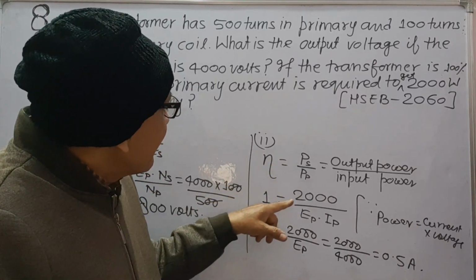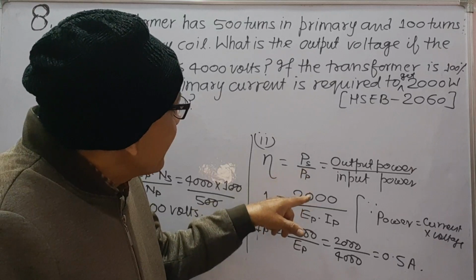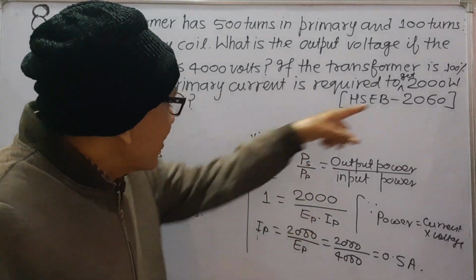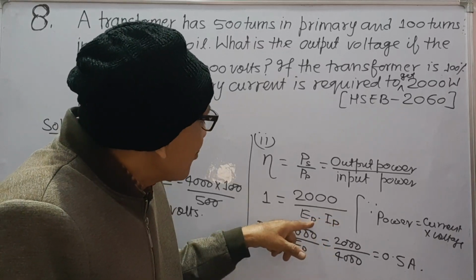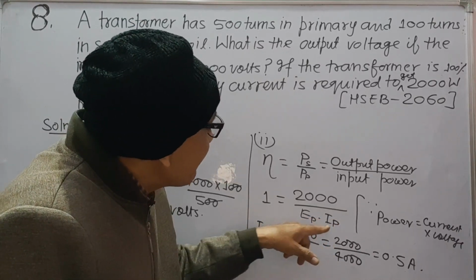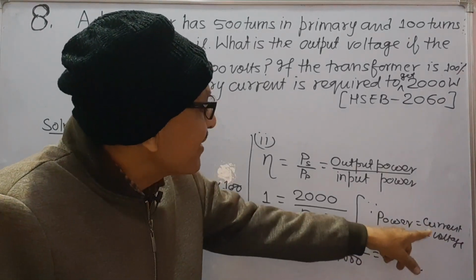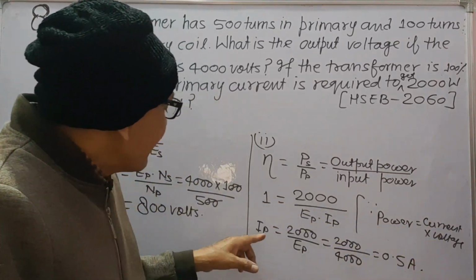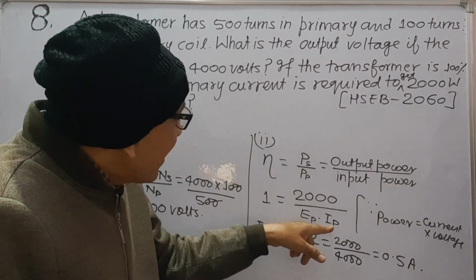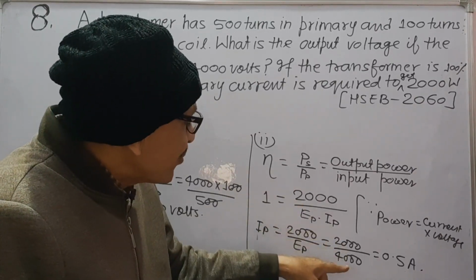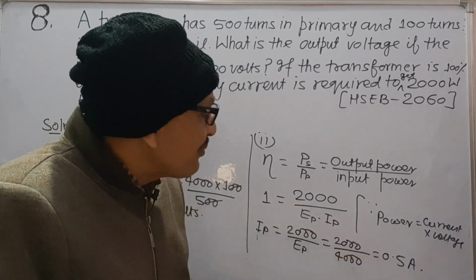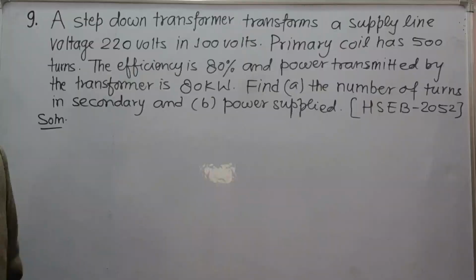Efficiency is 1, which is equal to P secondary, 2000 watt, upon P primary, which is equal to primary EMF into primary current, because power is equal to current into voltage. Therefore, I primary will be equal to 2000 upon EP, 2000 upon 4000, which is 0.5 ampere.